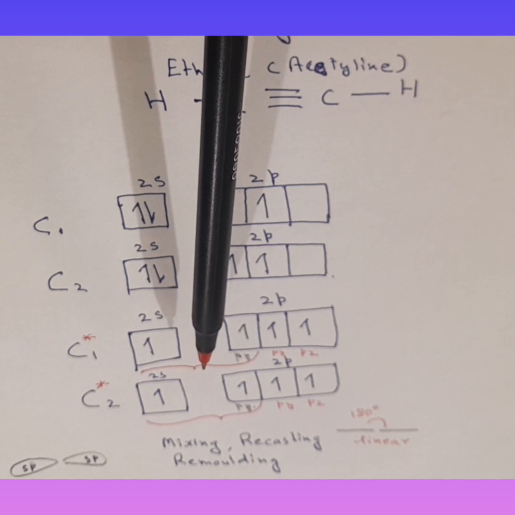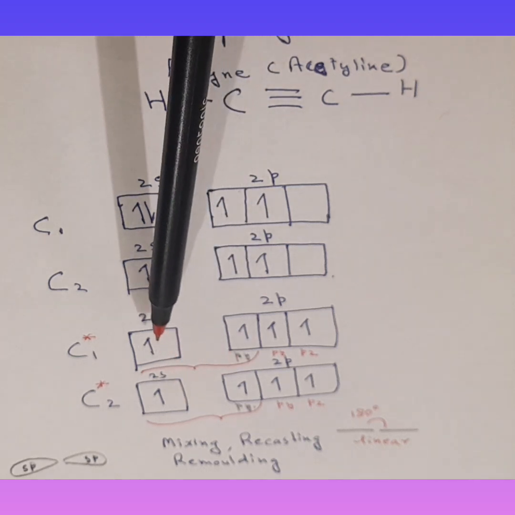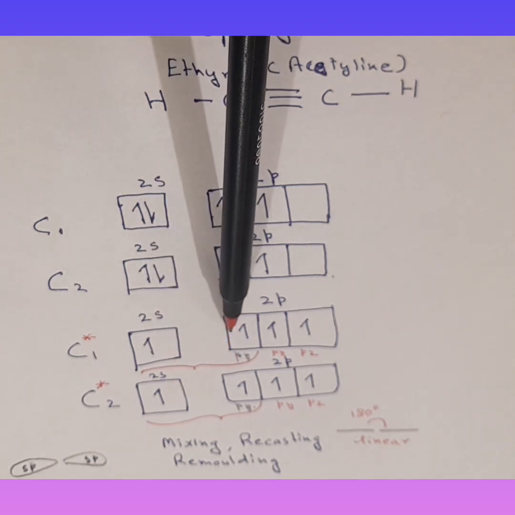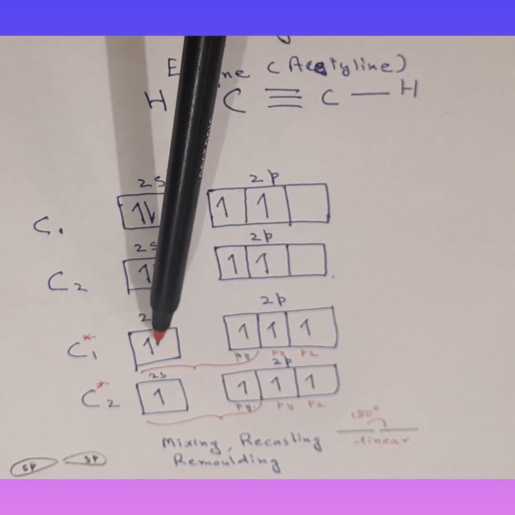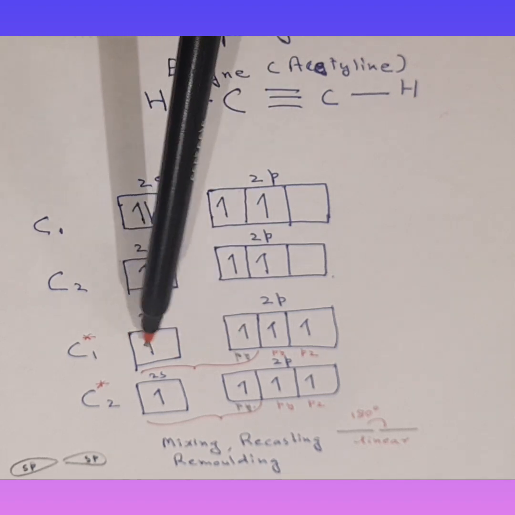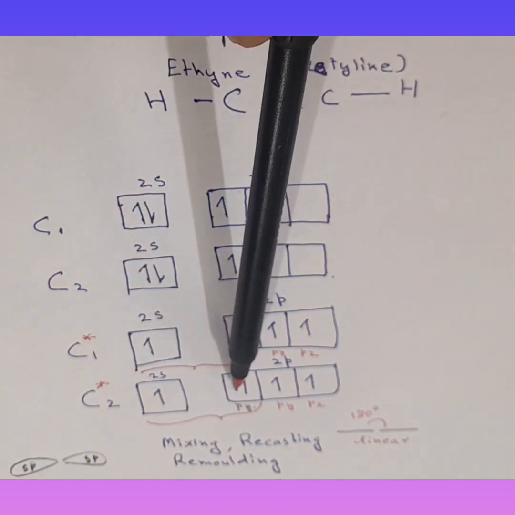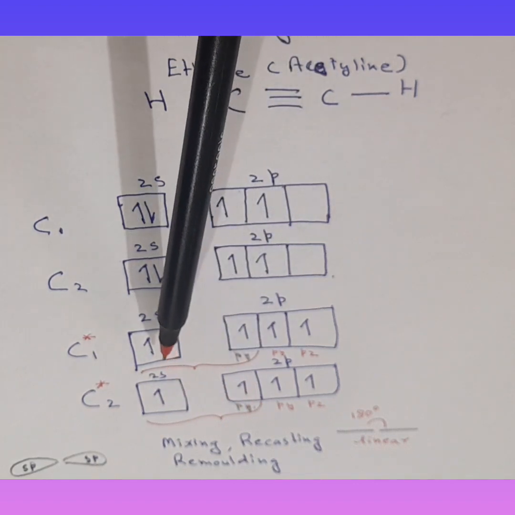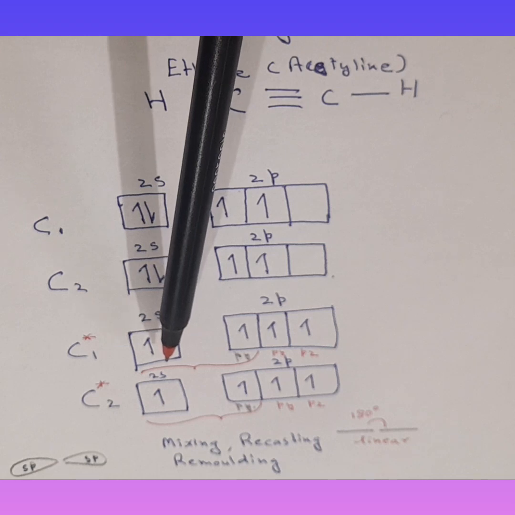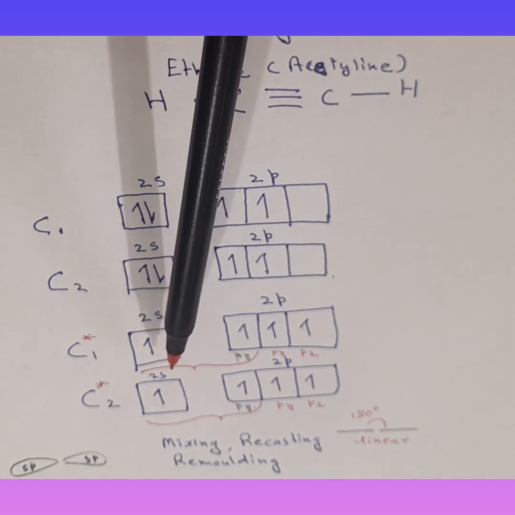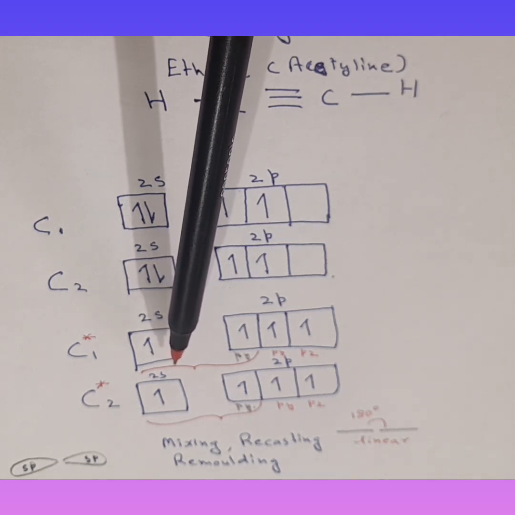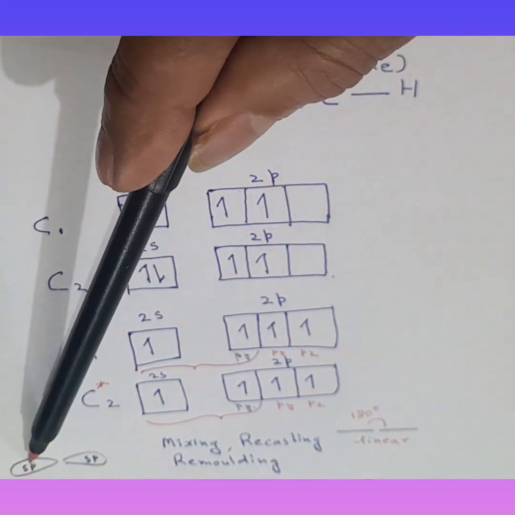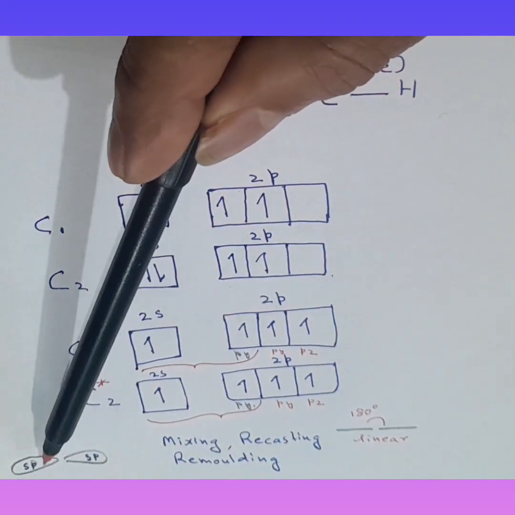Here we are using just the s and p orbitals for hybridization. So it is just two orbitals of C1 and two orbitals of C2. On hybridization, that is mixing, recasting and remolding, these two orbitals give us two equivalent sp orbitals.